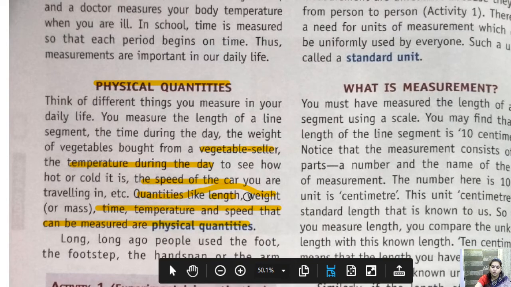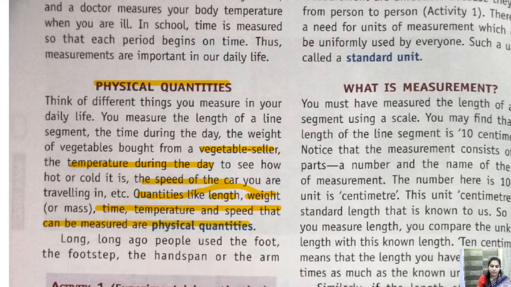Time, temperature, speed, all these things are physical quantities. There are a few physical quantities, that is length, mass, weight. All these things are physical quantities because we can measure them. As we can measure them, they are called physical quantities.